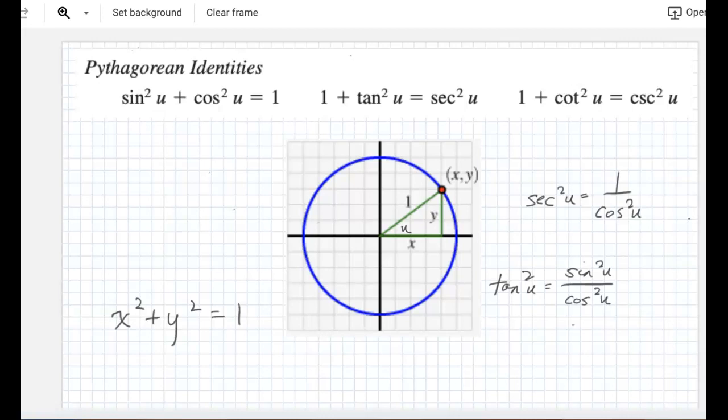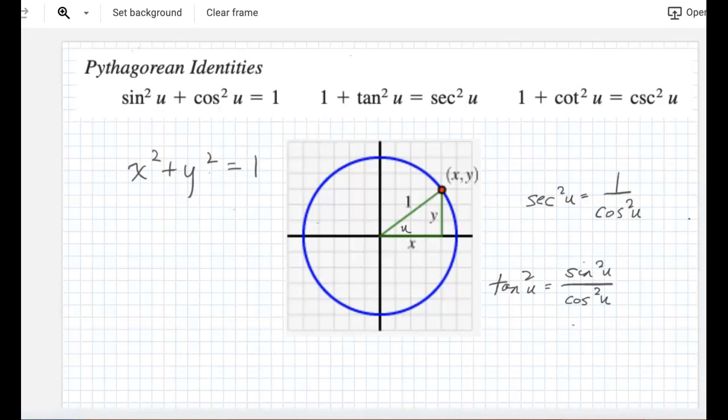Okay, so putting together, understanding that the unit circle has any point along it at a coordinate x, y. What we talked about was actually the y coordinate really is the sine ratio of that angle u, and the x coordinate is really the cosine ratio of that angle u.